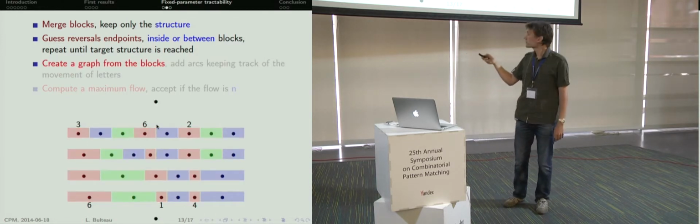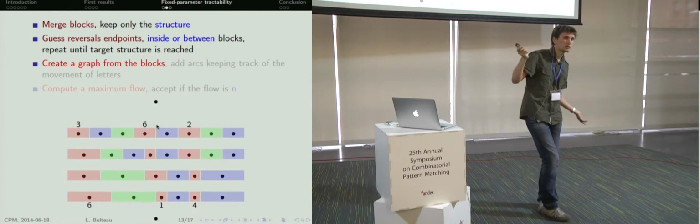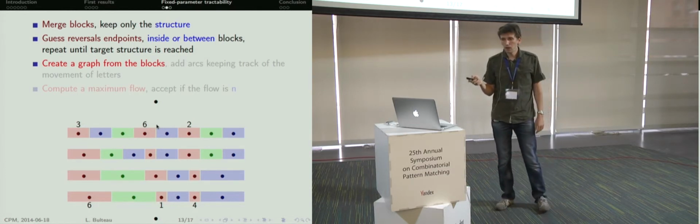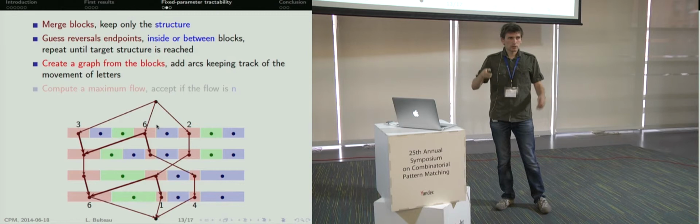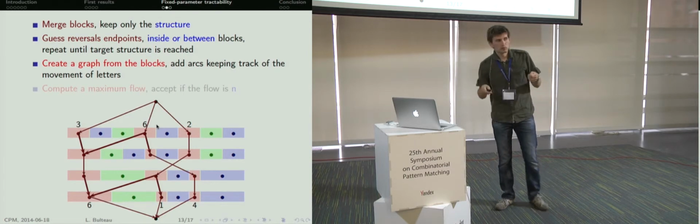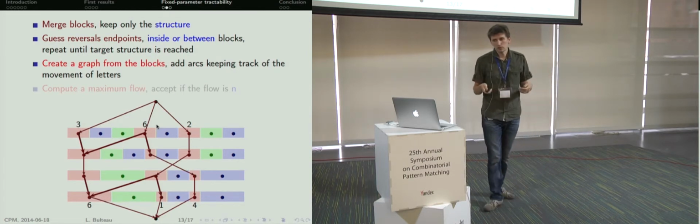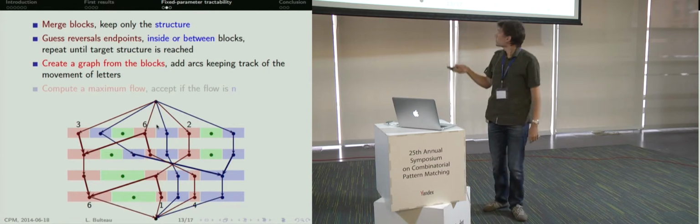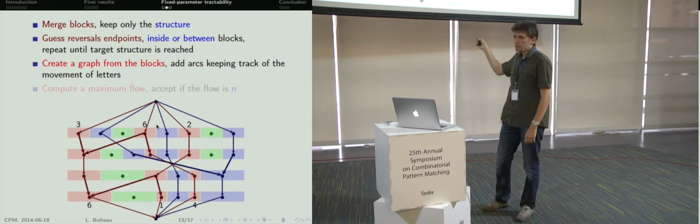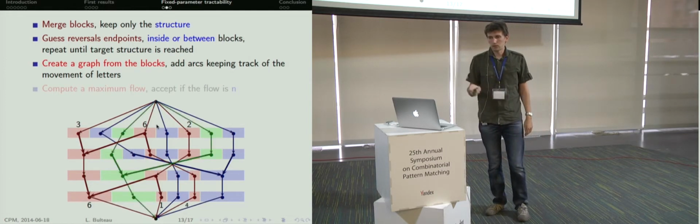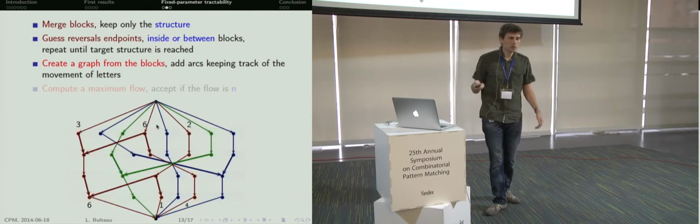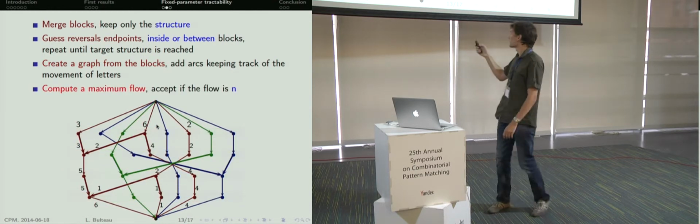We create a graph with one node for each block. We add arcs to keep track of how the elements can move from one block to the other, and with a source and target nodes. And this smells like a flow algorithm, and it is a flow algorithm.